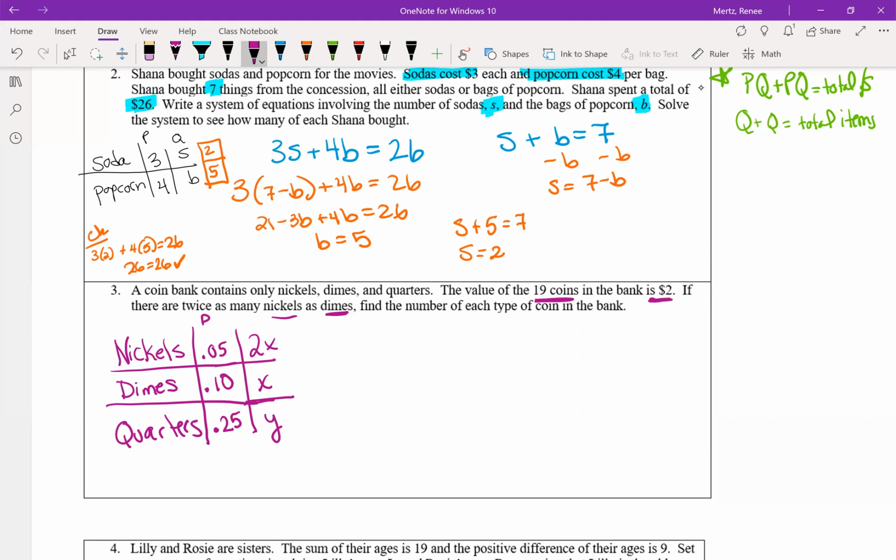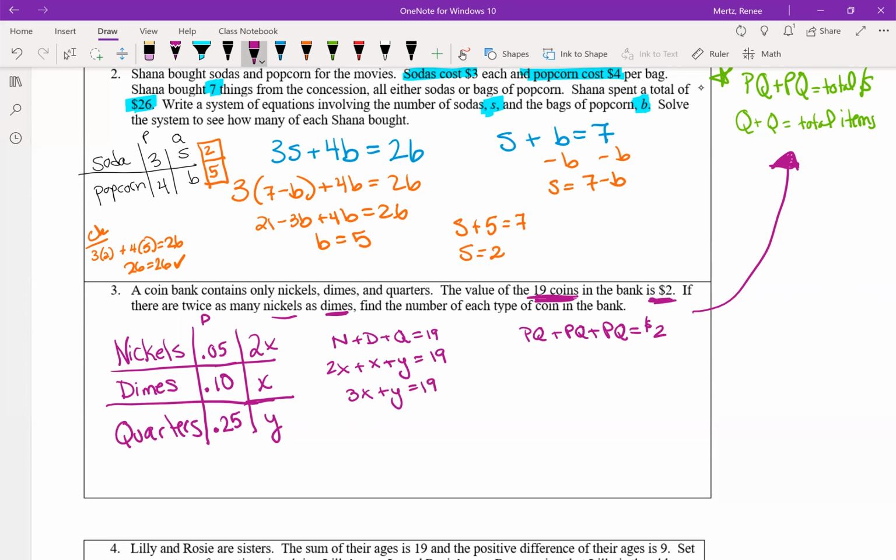So for our equations, we have 1 for price times quantity and 1 for total items. We know how many items we have, 19 coins. We know our total money, $2. So nickels plus dimes plus quarters equals 19 is one. Price times quantity plus price times quantity plus price times quantity equals $2, the total money, is the other. So I'm going to plug in 2X plus X plus Y equals 19. 3X plus Y equals 19.